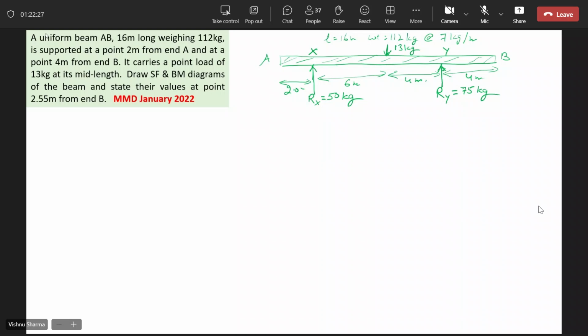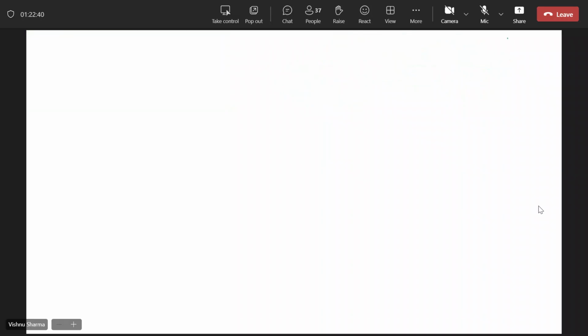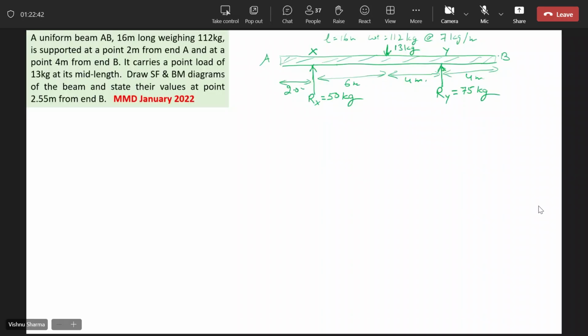Which 3, Ali? X, Y, and the point weight, let's say L. And what was the criteria for choosing the points? Can you repeat the criteria?